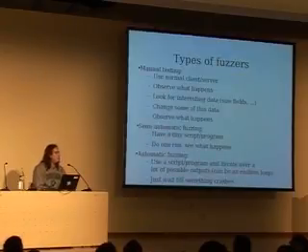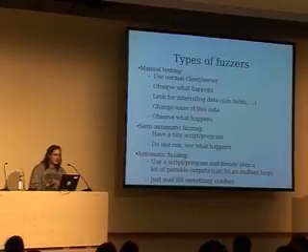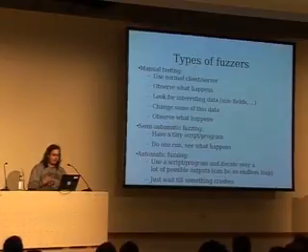Right. So, the kind of fuzzers that people use. First of all, you've got manual testing, which isn't really fuzzing. It's usually preparing to fuzz. What you do is you observe the data being exchanged between client and server, for example, or what a file format looks like, change a few things, run it through whatever it has to parse it, and see if it will parse it or not.